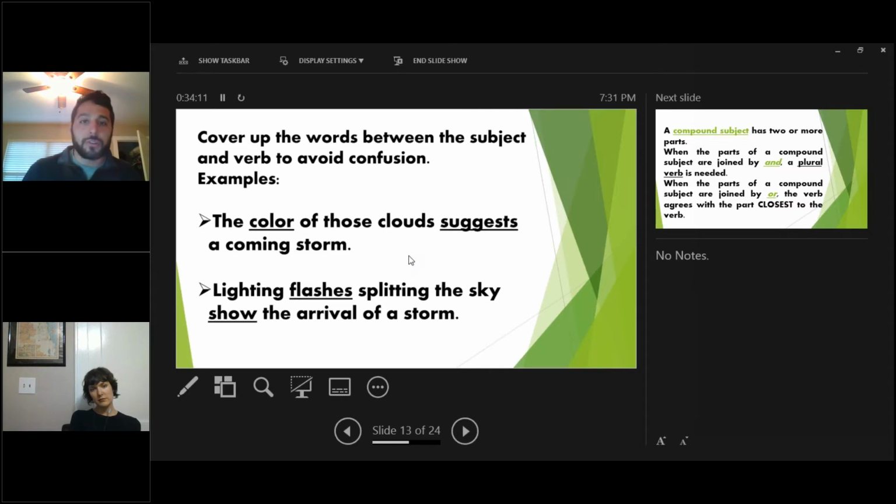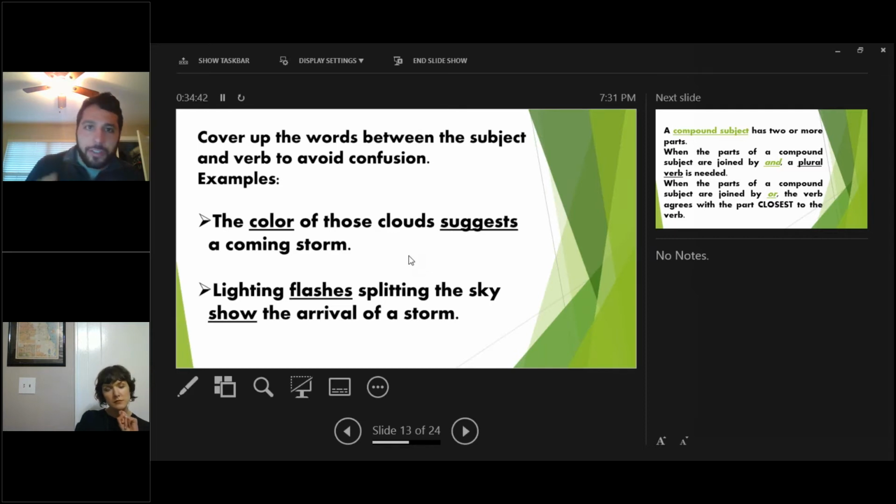So the color of those clouds suggests a coming storm. So you see color and you see clouds, they're both nouns, they both seem like perfectly good subjects. And so you really want to ask yourself what the sentence is saying. The color of those clouds suggests a coming storm. So the subject is color because this sentence is trying to convey that it's the color of the clouds that suggests the storm, not just clouds.